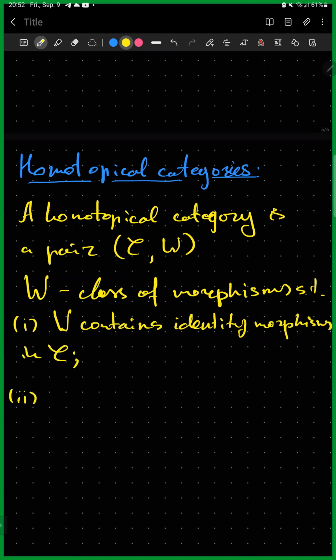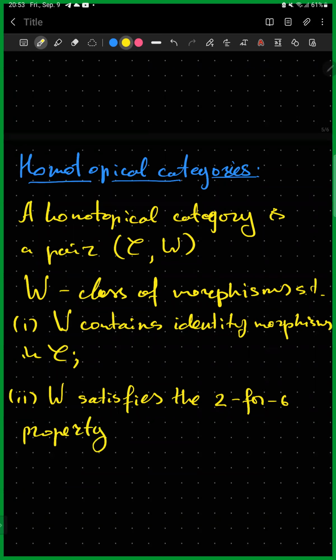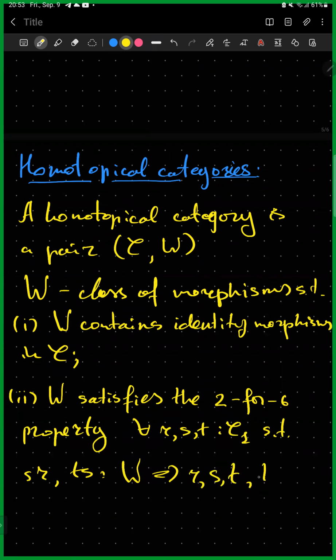The second is that it satisfies the property 2 for 6, which states that for an arbitrary triple of composable morphisms in C, such that the pairwise compositions belong to W, the remaining 4 morphisms also belong to W. So that's the property 2 for 6.